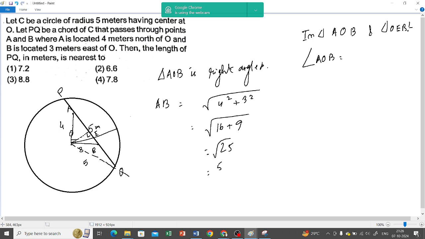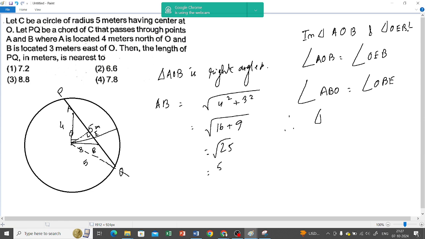angle AOB is equals to angle OEB, right? Both of them are 90 degree. Angle ABO is equals to angle OBE, right? Because both of them are common angles.